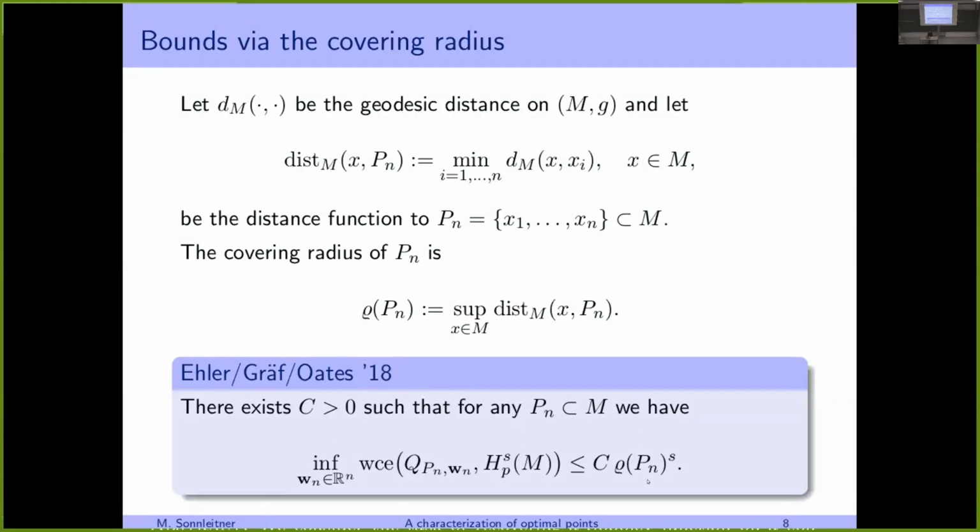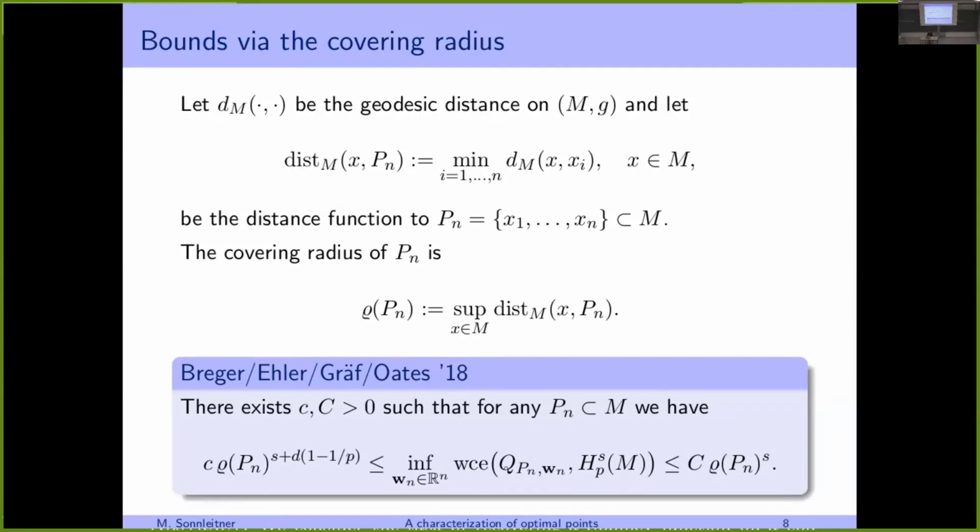And you maybe already know that this covering radius is in the optimal case of order n to the minus 1 over d, and to the s means just n to the minus s over d is this upper bound. This is for optimal points, but in general, we have only the following characterization.